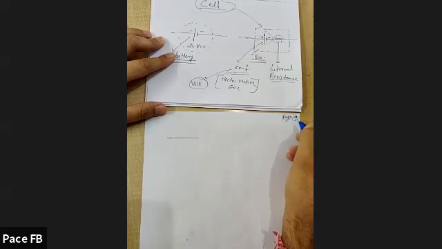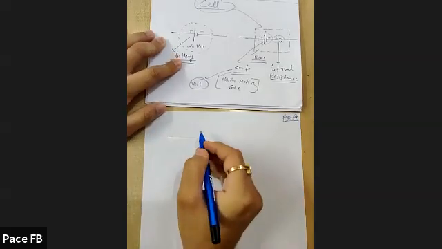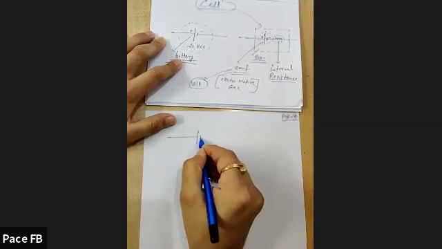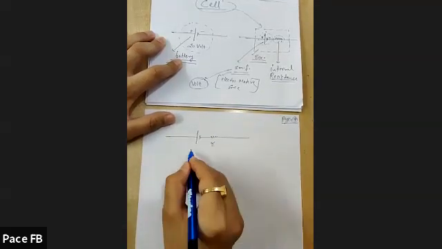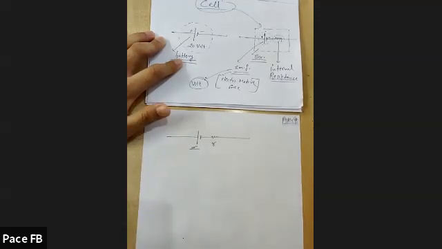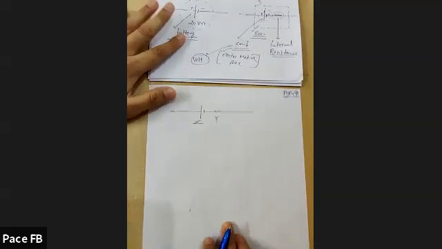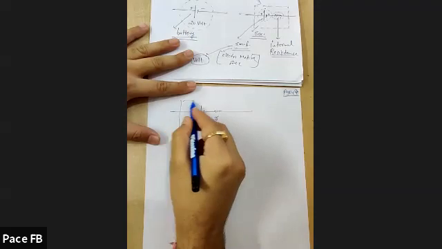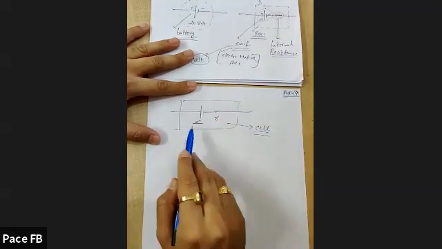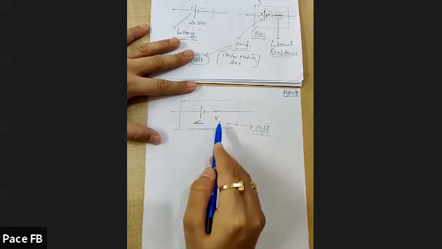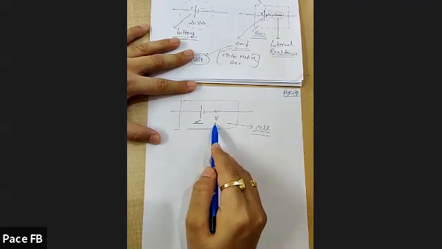If it is given, then you have to assume internal resistance to be 0. So let's say this one is a cell with internal resistance R and EMF E. Okay, it is given. Now combination of cells. This one is a cell. Its EMF is E and internal resistance is small r.